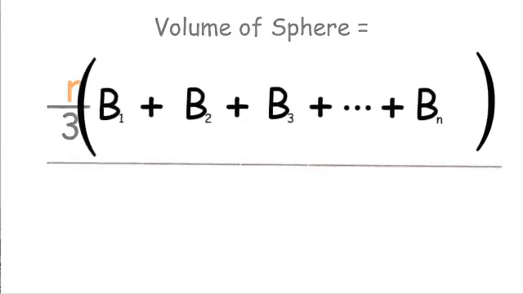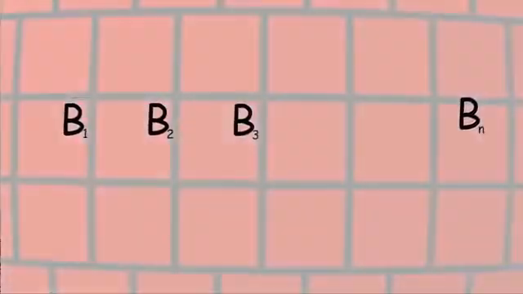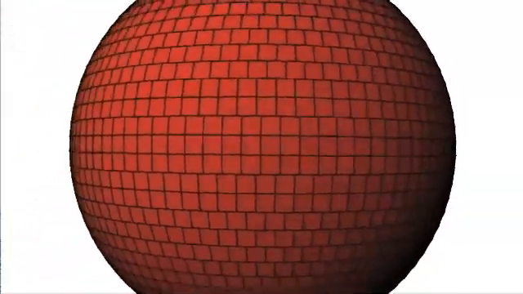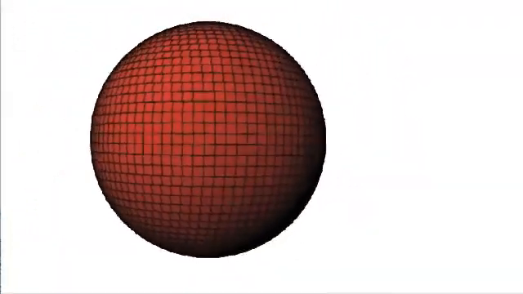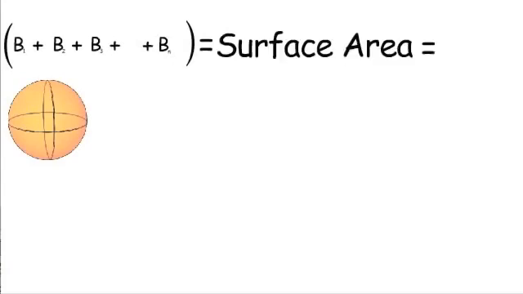So now let's concentrate on the sum of all bases, and remember, these are the bases of the pyramids that make up the sphere. And as you can see, the bases actually form the surface area of the sphere. So the sum of all bases is equal to the surface area, which is equal to 4 pi r squared.